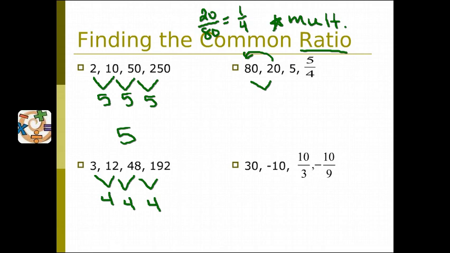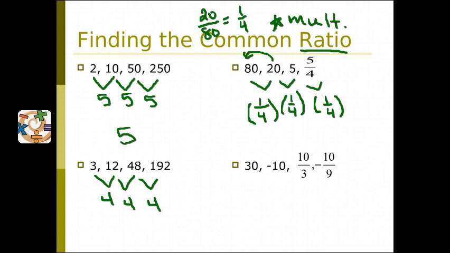So if you say 80 times 1/4, you would get 20. 20 times 1/4 gives you 5, and 5 times 1/4 gives you 5/4.